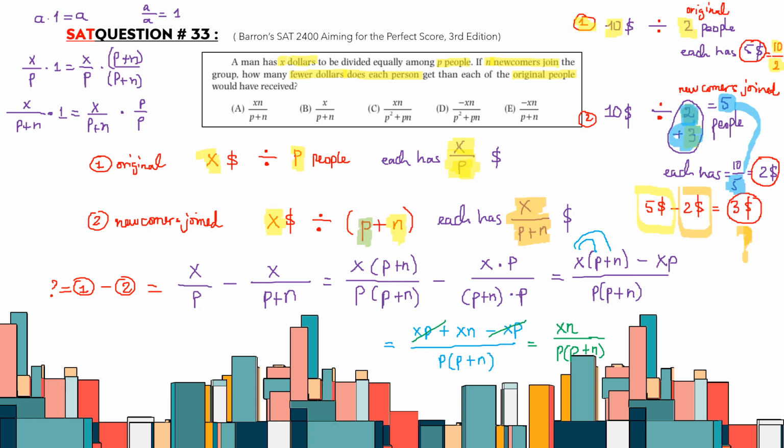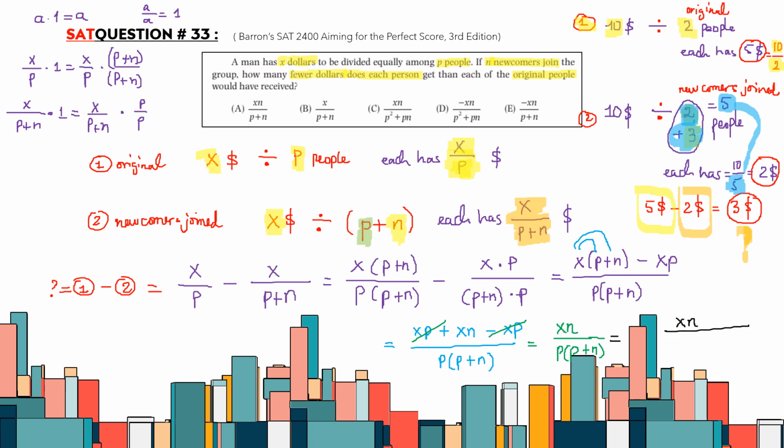When we look at the answer choices, we don't see anything like that, so we have to do an extra step. What is the extra step? We have to FOIL the denominator. We have X times N on the top.